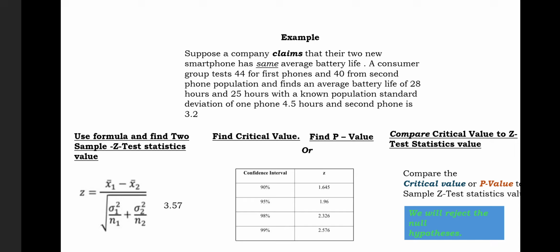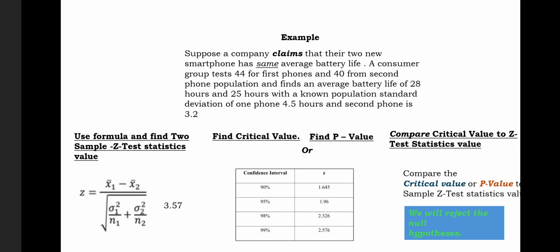Everything else will be the same. But before we move further, the company said that the average battery life of the two phones is the same. But when you challenged them with your samples, the story was a little different. The average battery life of the two smartphones was not the same as per our decision.